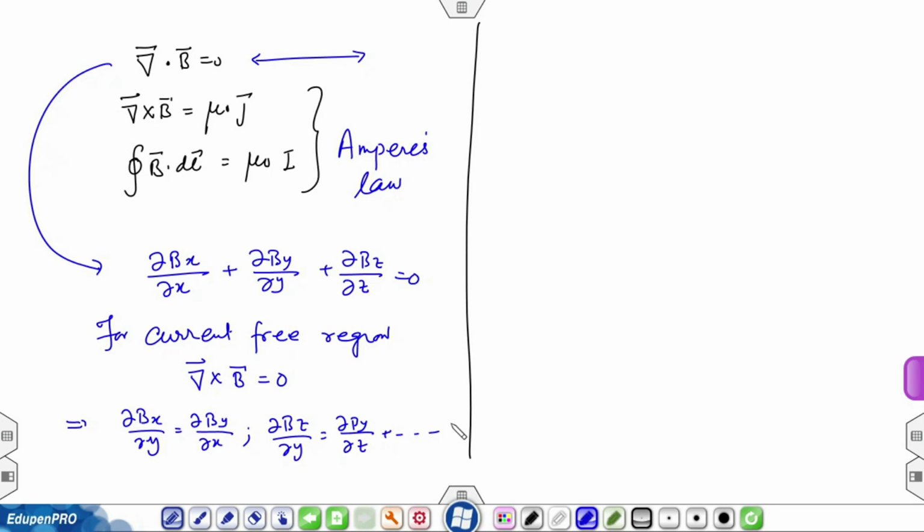So, these put constraints on B, and sometimes these can be used to find how the field is varying in certain areas of space if you know variation in some one direction. Let us do one problem using that.